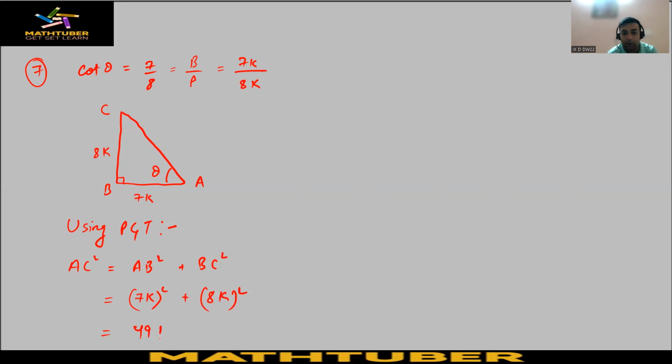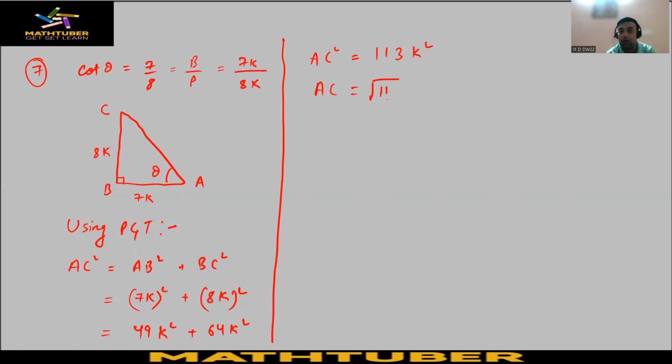So it will be 49k square plus 64k square, and that will be equal to 113k square. So AC will be equal to under root 113k. So the value of the hypotenuse is under root 113k.